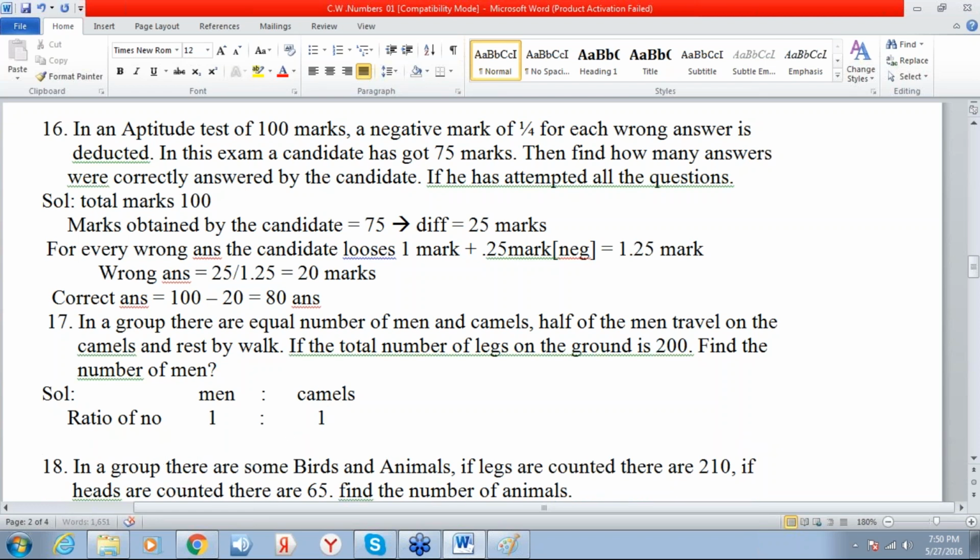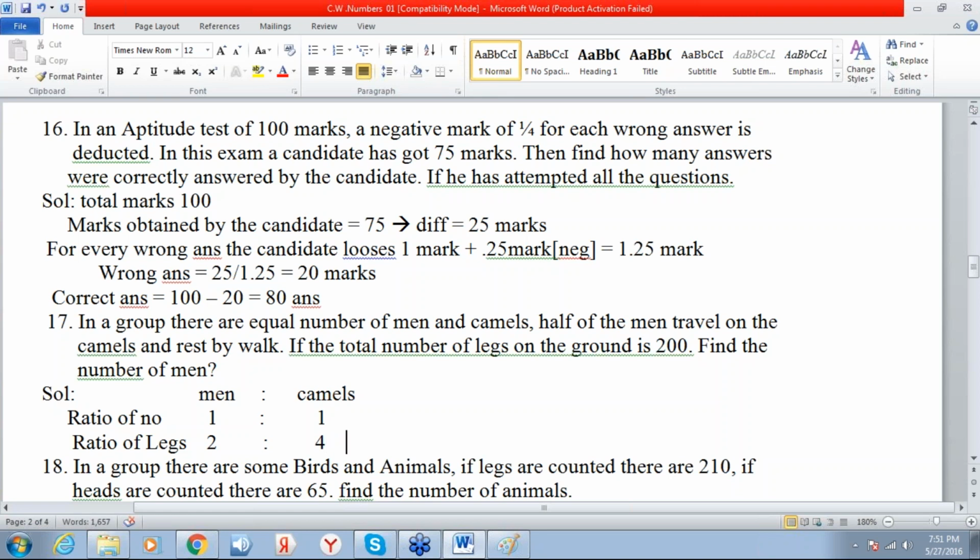Then what is the ratio of legs? A normal man has 2 legs and a camel has 4. So the ratio is 2:4.